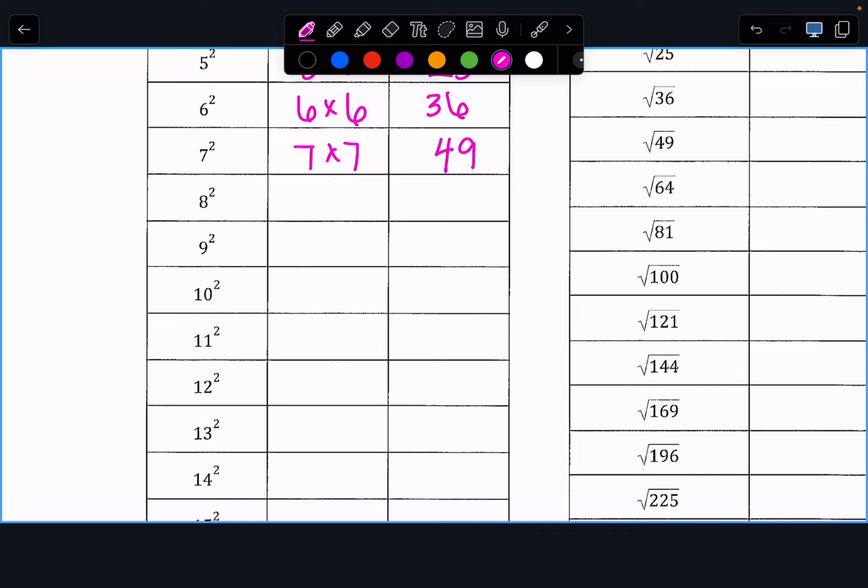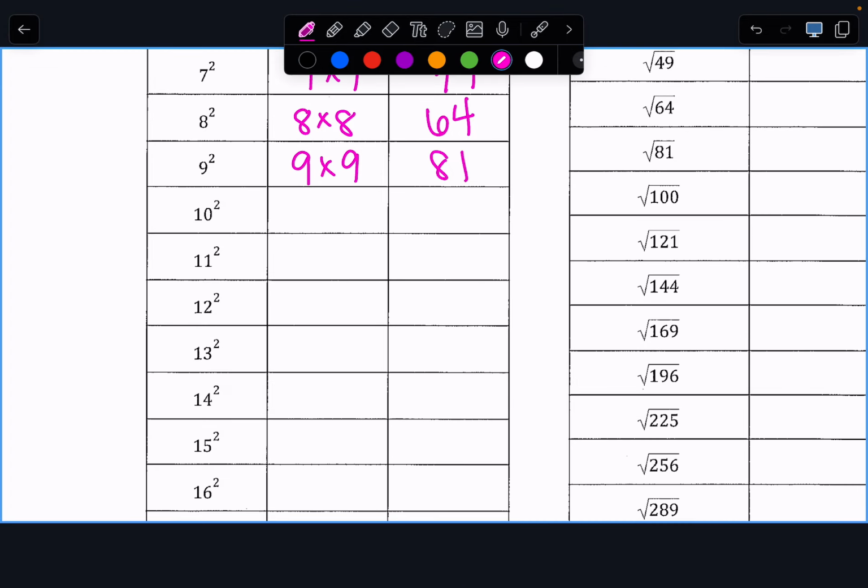Okay. What's nice is you should not have to memorize these because you should know your multiplication facts. 8 squared means 8 times 8, which is 64. 9 squared means 9 times 9, which is 81. 10 squared is 10 times 10. 100, okay?